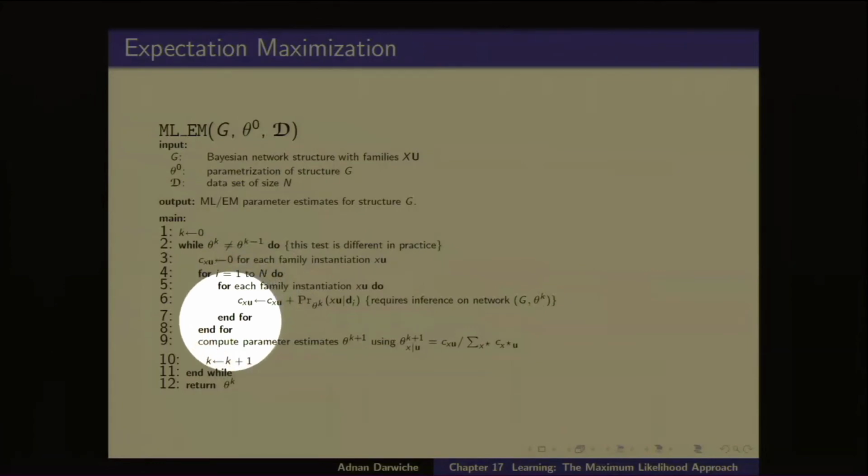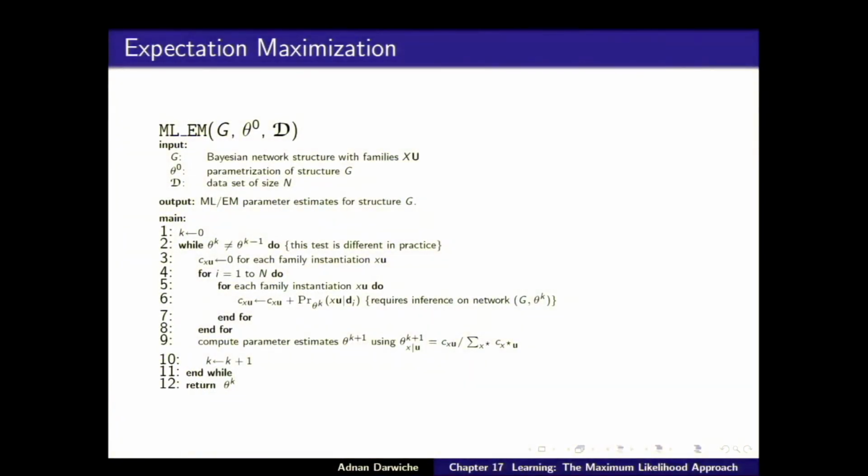You also get this from circuits. If you have a circuit, it's the same thing, but you have to do two passes, up and down, for every example, and you get all of the marginals. Then eventually you sum over x, and that's one iteration. That's basically the EM algorithm.